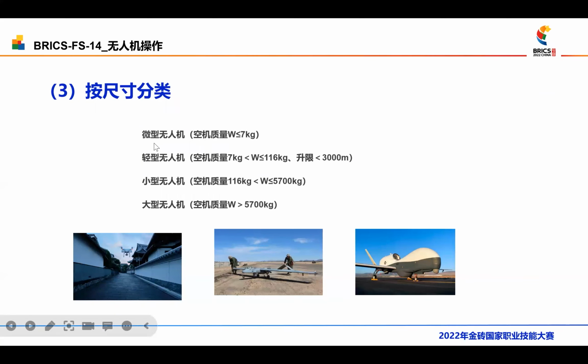We can abbreviate them as micro, light, small, and large. First, the mini UAV: the empty aircraft mass is no more than 7 kilograms. The empty aircraft mass refers to the weight measured when the UAV is not attached with any fuel, battery, and load.